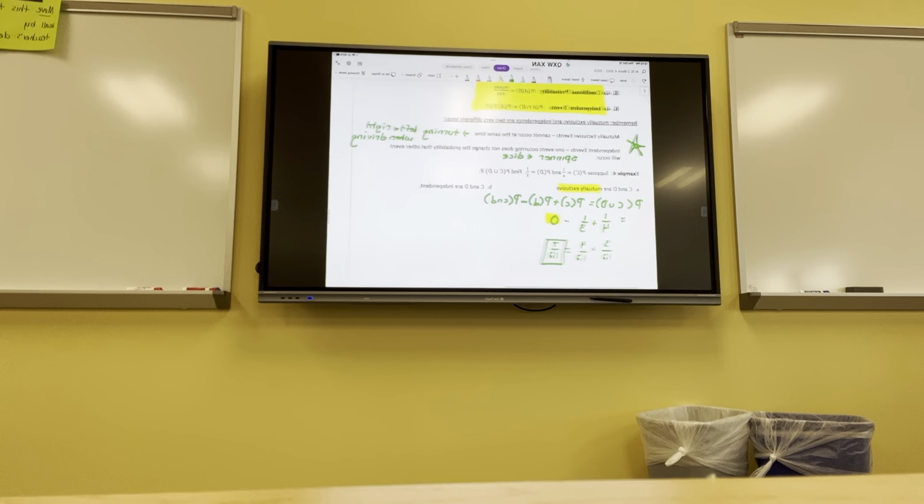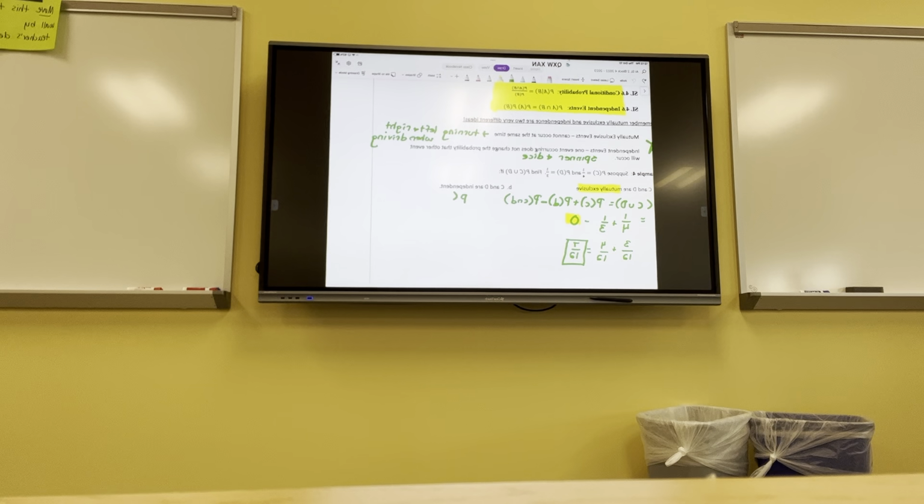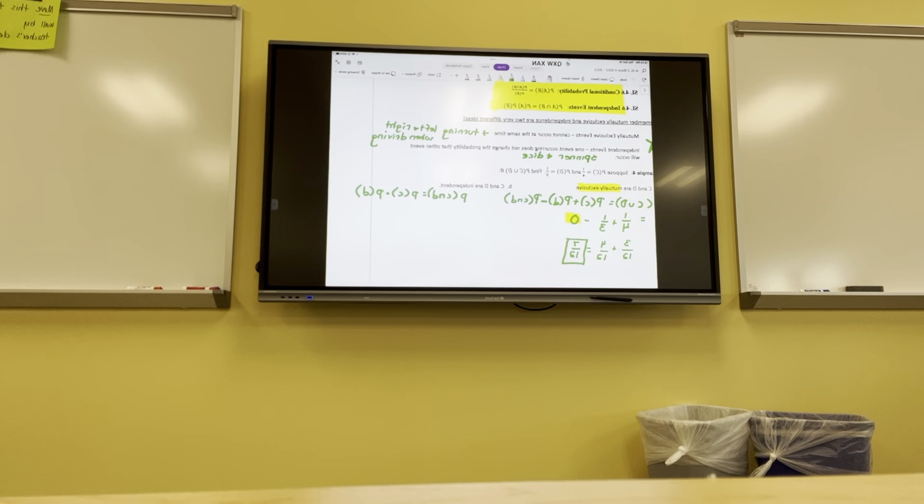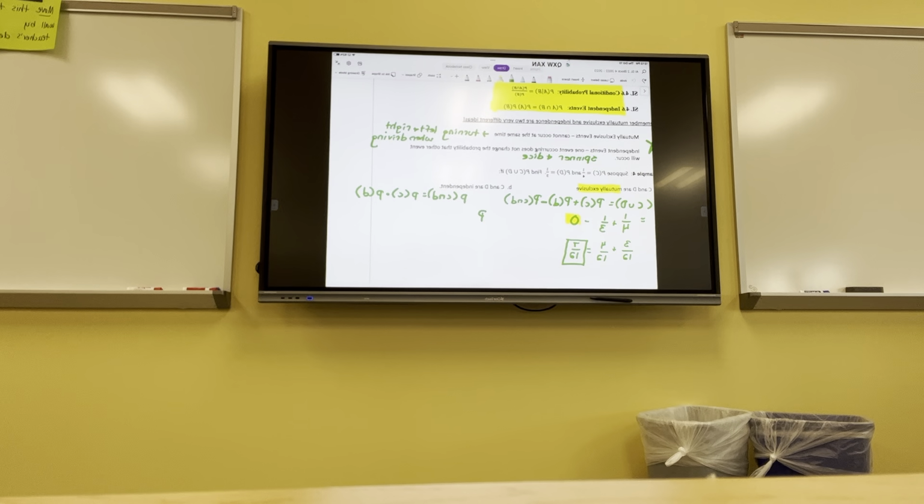Now, if C and D are independent, that means that the probability of C and D will equal the probability of C times the probability of D. So we can start by finding their union, back to this formula.